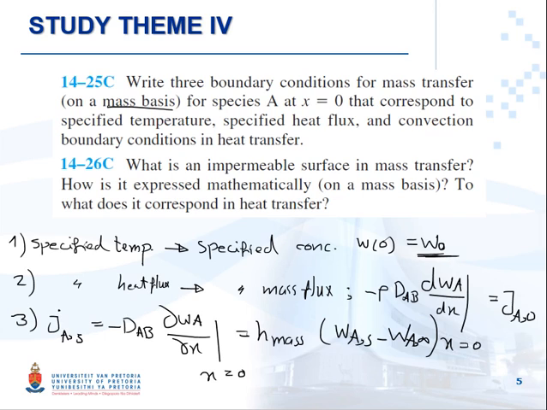This information is usually obtained from the fact that thermodynamic equilibrium must exist at the interface of the two phases of a species. For example, let's say we are talking about an air and water interface. The concentration values of water vapor in the air are easily determined from saturation data.